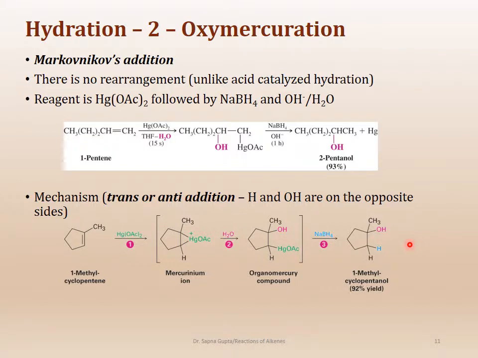And so we didn't talk about it before, but here you don't have a carbocation. So how is the addition taking place? Now, if you remember this intermediate right here with the mercurinium ion, this is kind of the same thing as the bromonium ion. So if the bromonium ion was giving you a trans product, then here also you will end up getting a trans product, which is also called anti-addition, and that's what you get. Now in some cases, as I said, this is important, and in some cases this is not important, depending on stereochemistry.